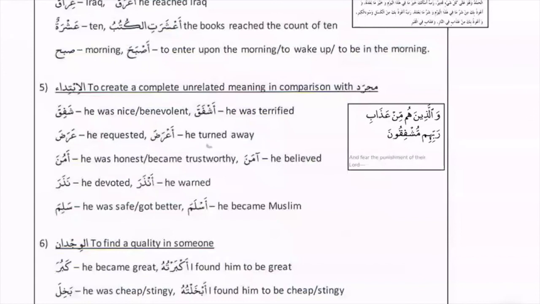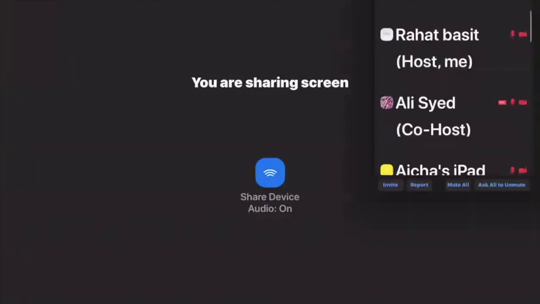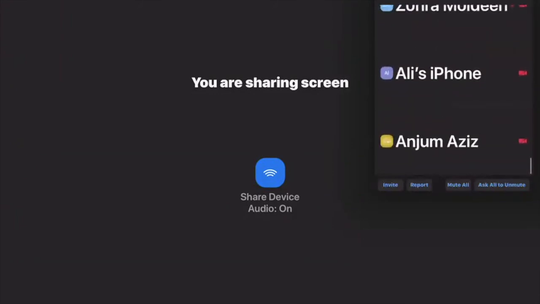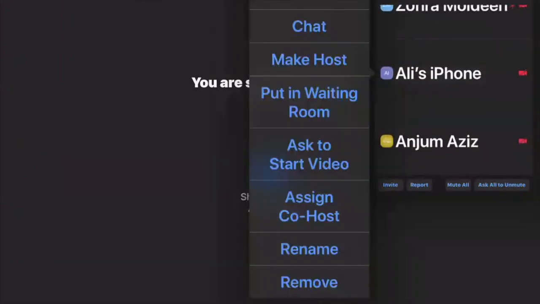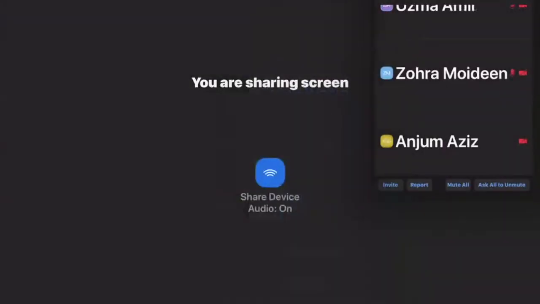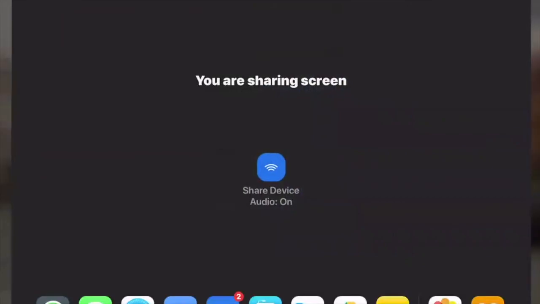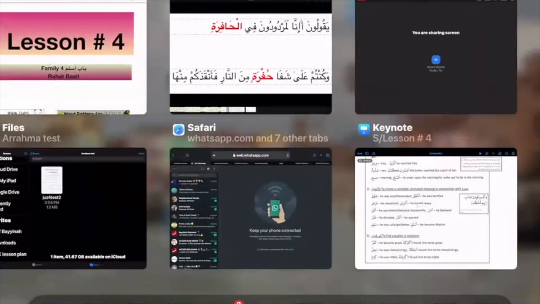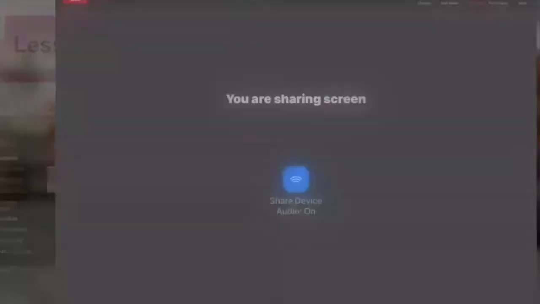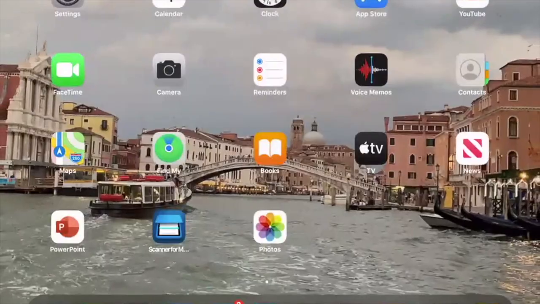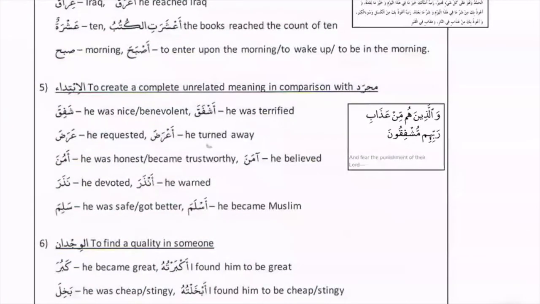Then it says al-ibtida', to create a complete unrelated meaning in comparison with mujarrad. Okay, sorry about that.